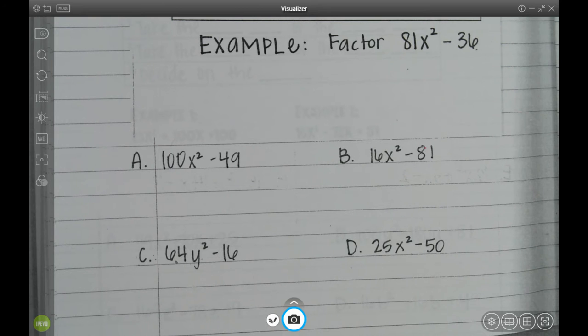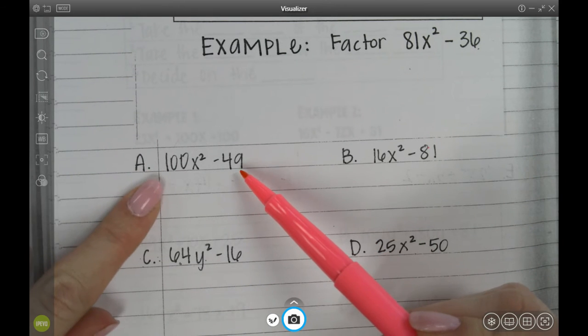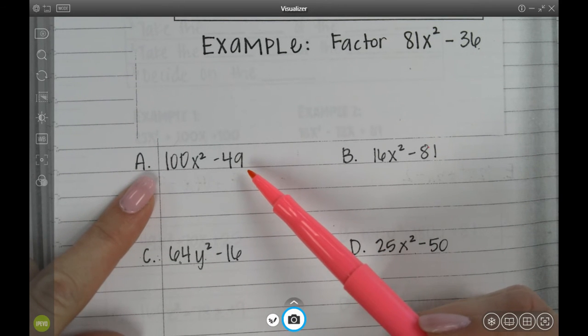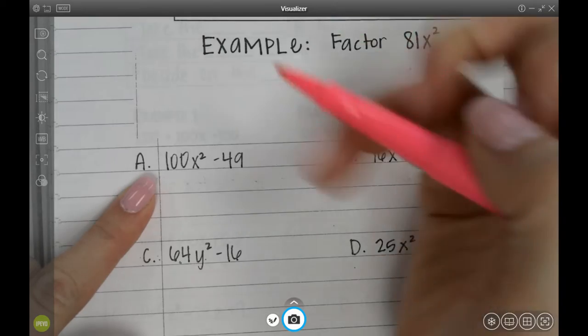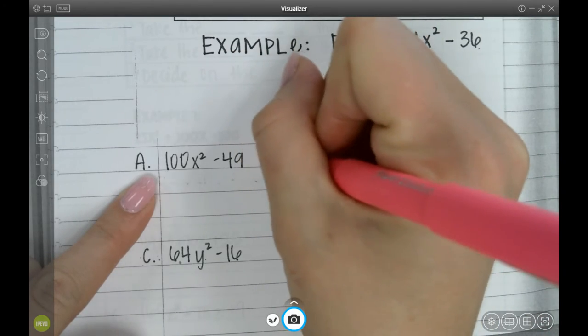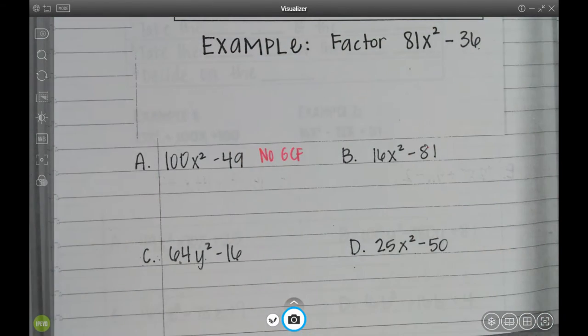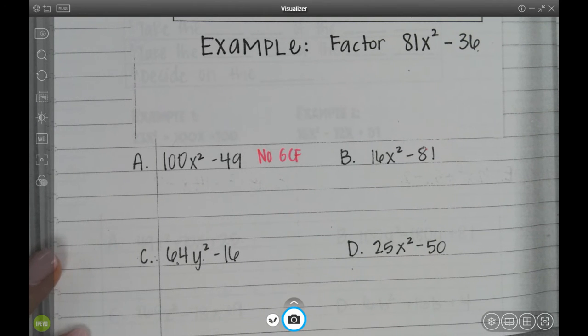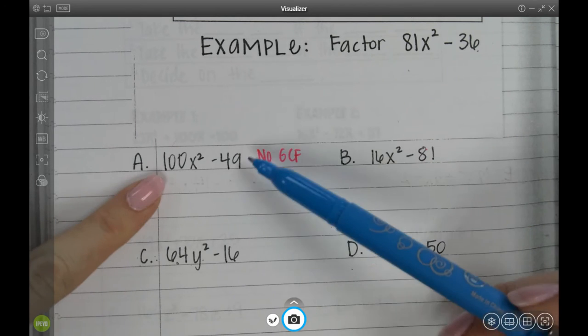Okay, so what's the first thing you always look for when you factor any expression ever? Greatest common factor. Do I have a GCF between these two terms? Nope. So I have no GCF. So I'm going to take the square root of each one of my terms.